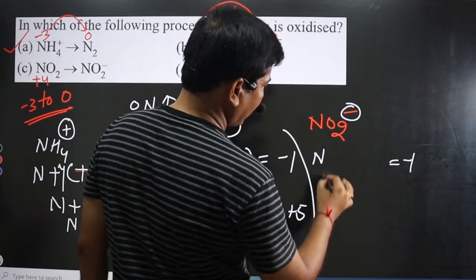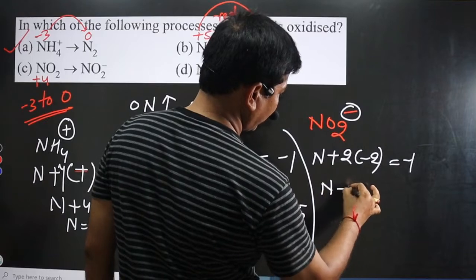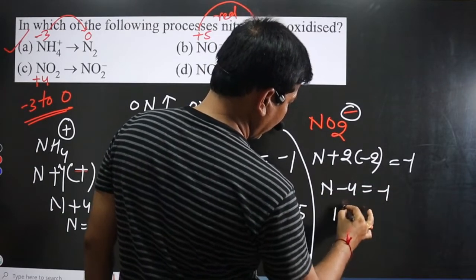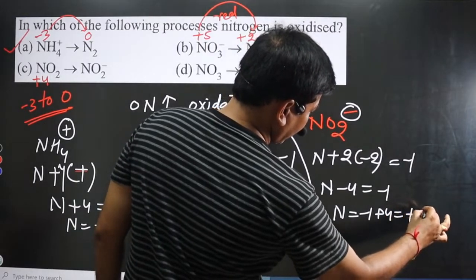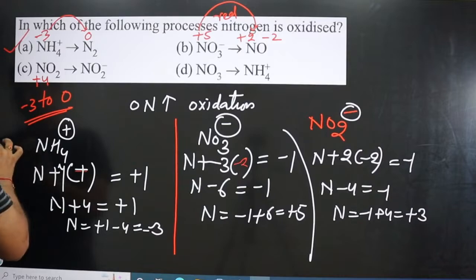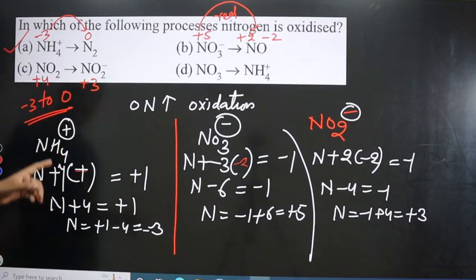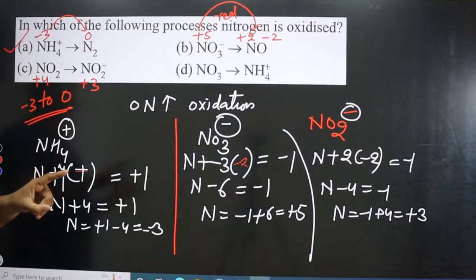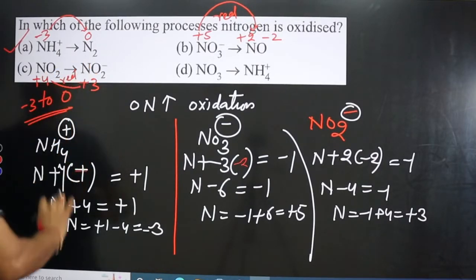Nitrogen, how many oxygens are there? 2 oxygen. Each oxygen is -2. Then nitrogen, it is -4 is equal to -1. Nitrogen is equal to -1 plus 4 is equal to +3. So nitrogen is present in +3 oxidation number. Here also you can see decrease in oxidation number. +4 to +3, decrease in oxidation number is always reduction reaction. Here we have the reduction reaction.